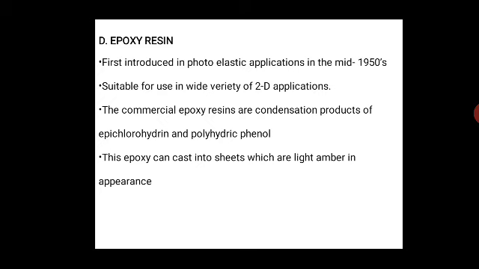This epoxy can be cast into sheets which are light amber in appearance. However, optical quality surfaces are difficult to produce, so surface finishing by fly cutting or by milling is frequently required.